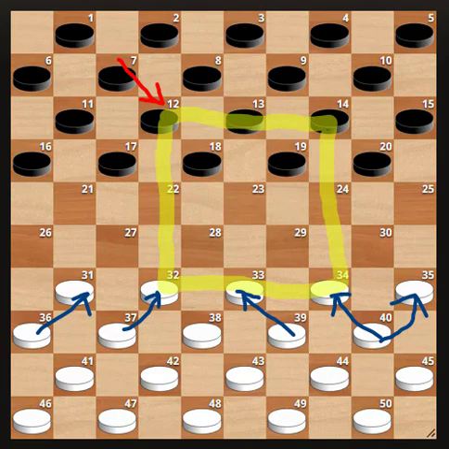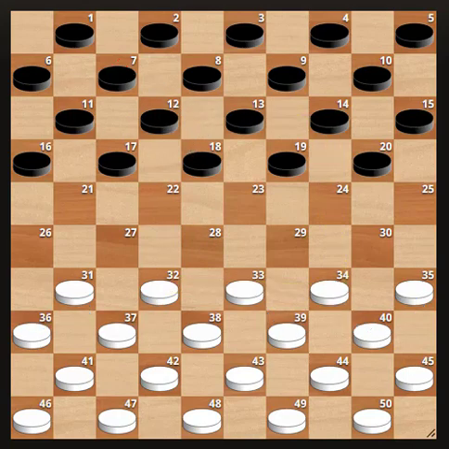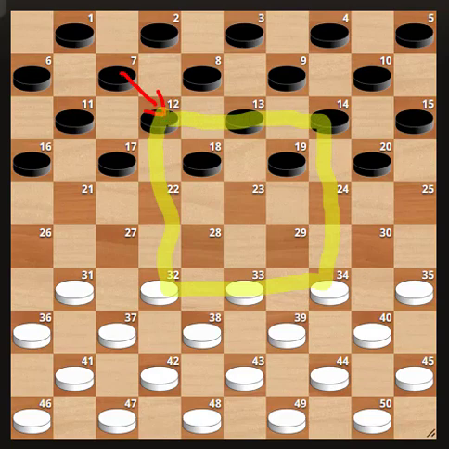So let's say your opponent moves from 7 to 12. Or we draw the square once more. Okay, so here, if you already have pieces, you have good arrangement, then the move you need to consider is to move inside the square.